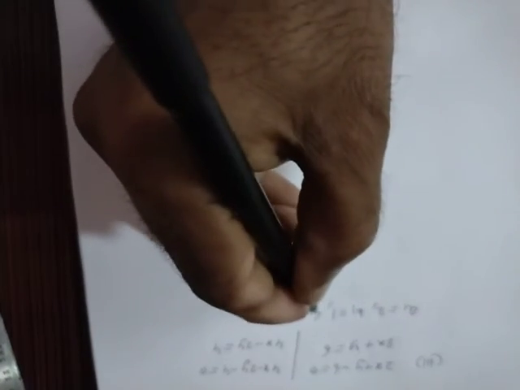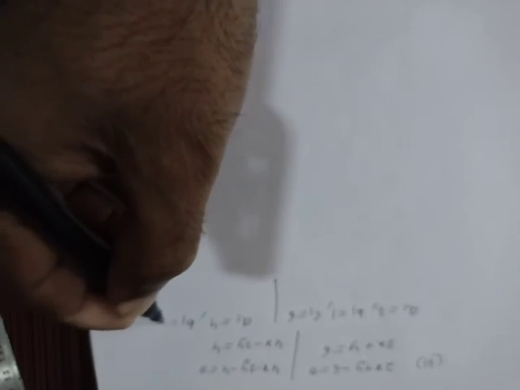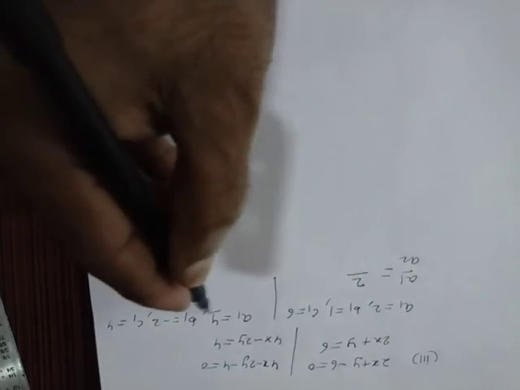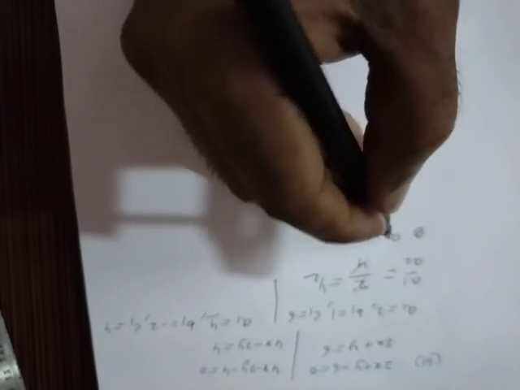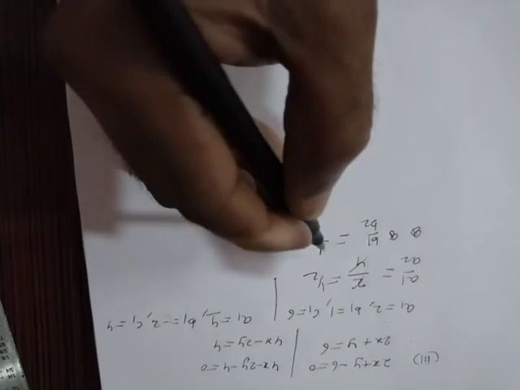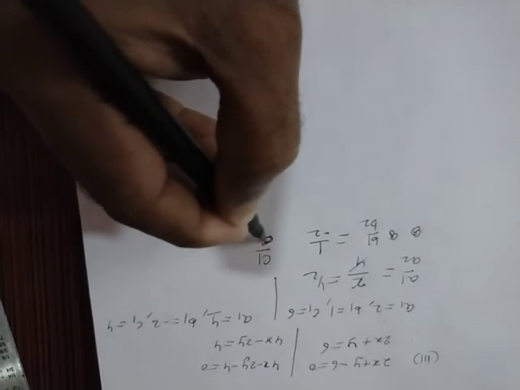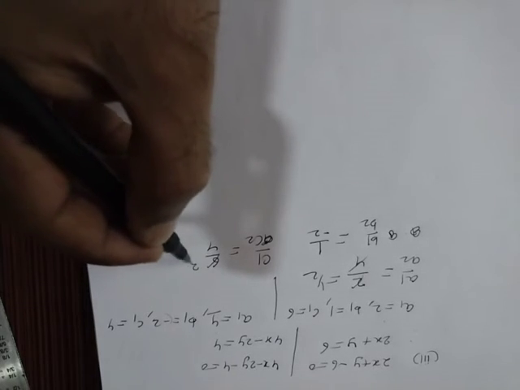Now a1 is equal to 2, b1 is equal to 1, c1 is equal to 6, and a2 is equal to 4, b2 is equal to minus 2, and c2 is equal to 4. a1 upon a2 is 2 upon 4, 1 by 2, b1 upon b2 is 1 upon minus 2, and c1 upon c2 is 6 upon 4.